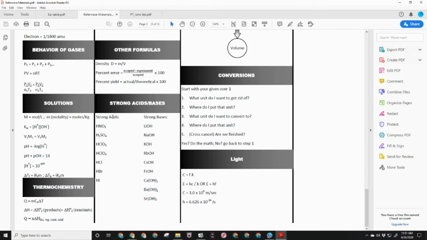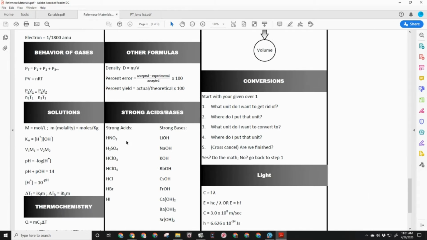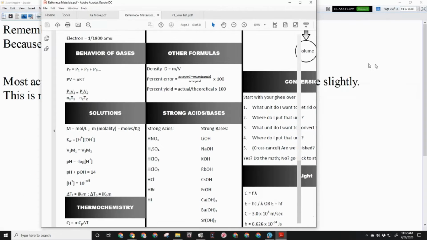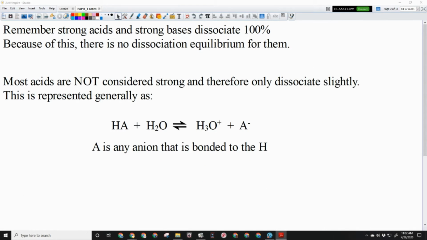And this means that they dissociate 100%. So when they're placed in water, for example, this hydrogen ion will split apart from this nitrate ion. 100% of those molecules, those compounds, those formula units will split apart. They'll no longer be together.